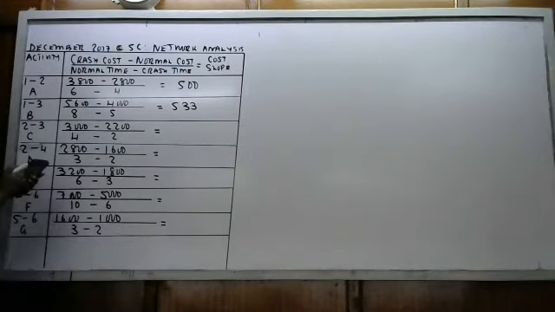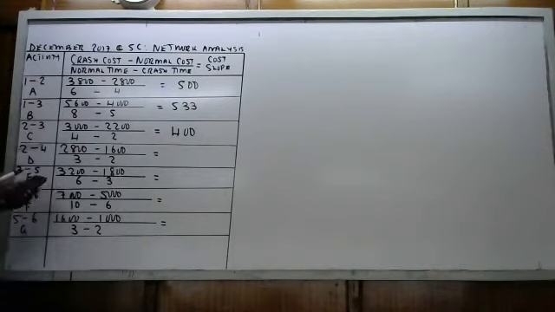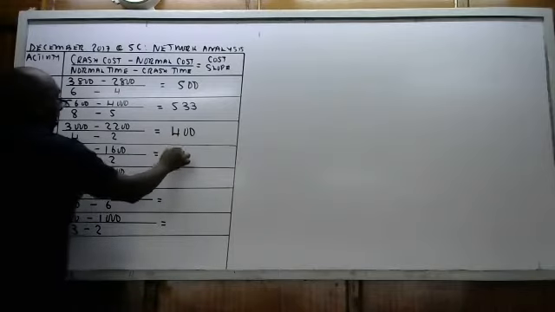Then 800 divided by 2 is 400. 2,800 minus 1,600, you divide by 1, is 1,200.